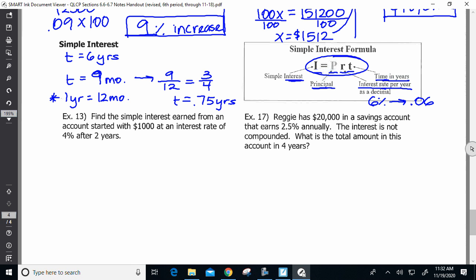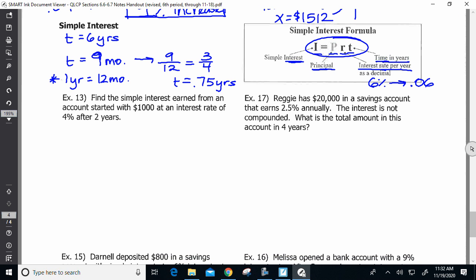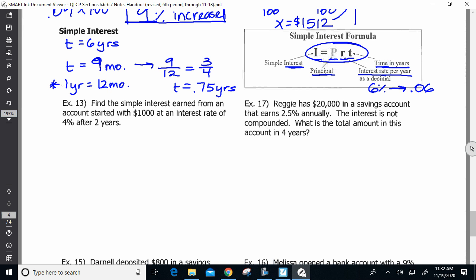But with that, let's go ahead and use the simple interest formula to solve some of our problems. Let's start with a very, very basic use of the formula. Find the simple interest earned on an account started with $1,000 and an interest rate of 4% after 2 years. So this problem is a very basic usage of the formula. You're starting the account with $1,000, so that means your principal is $1,000.